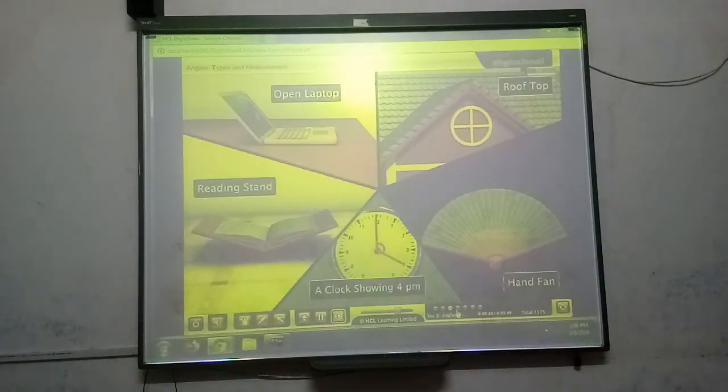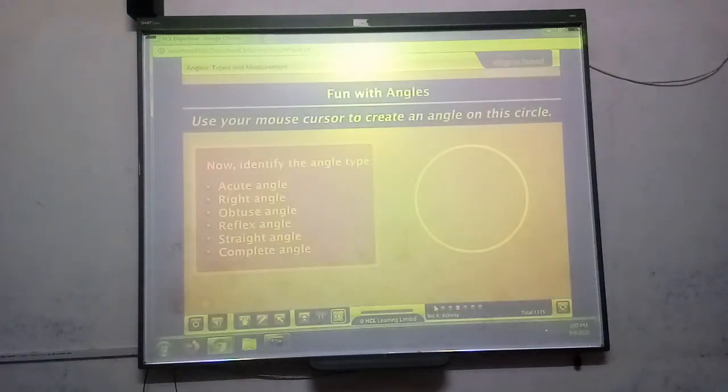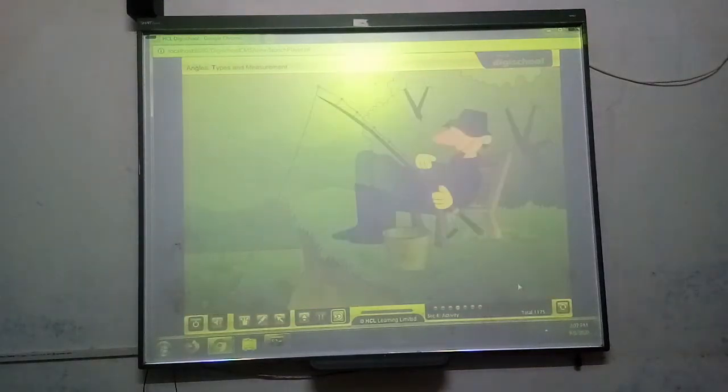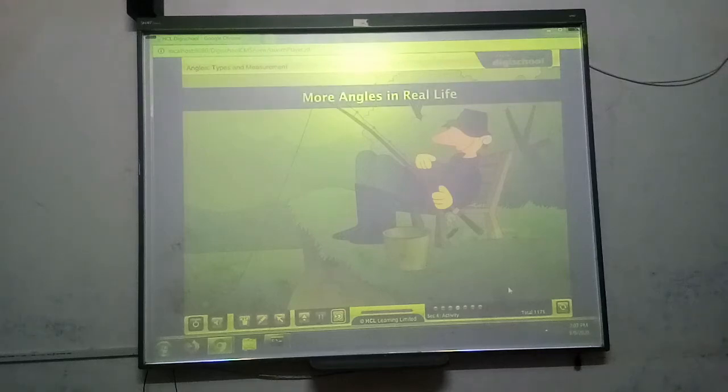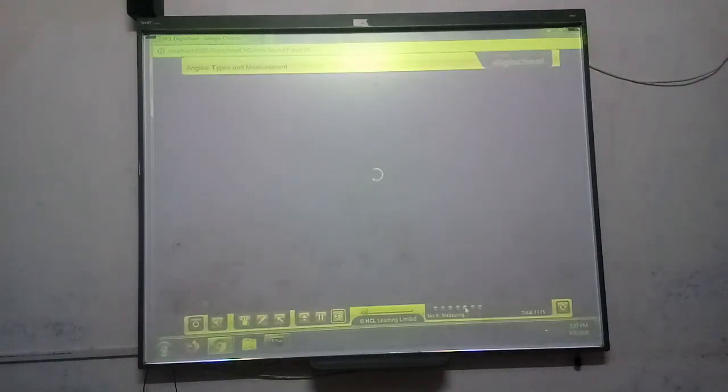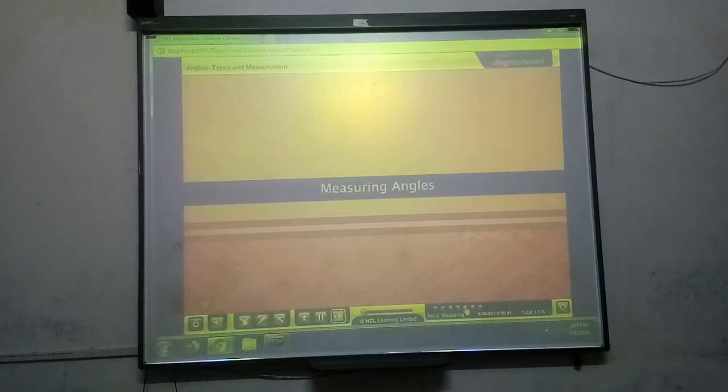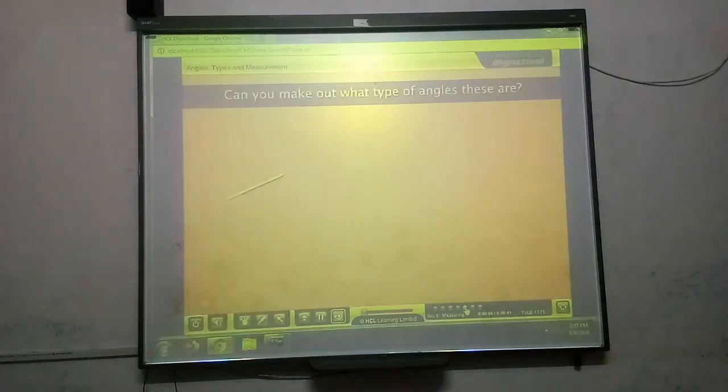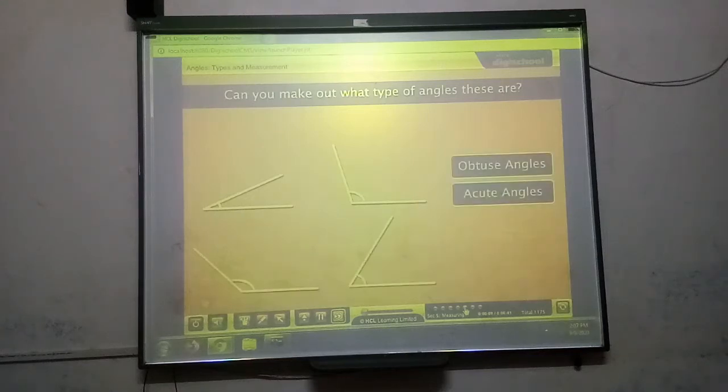Here are some more examples of obtuse angles. Can you make out what type of angles these are?